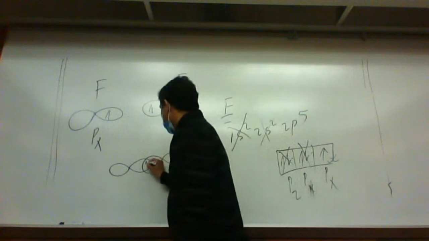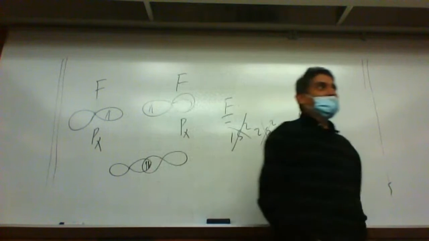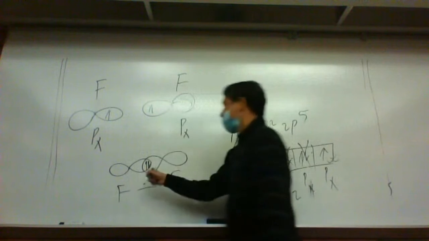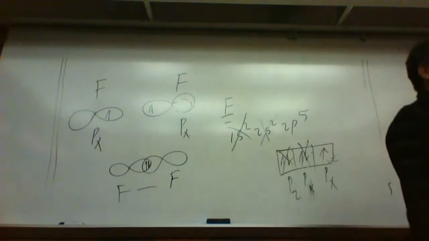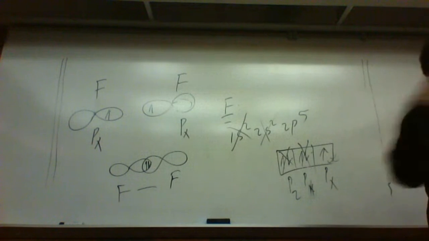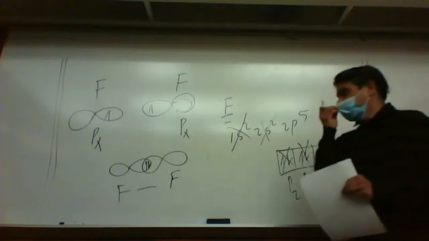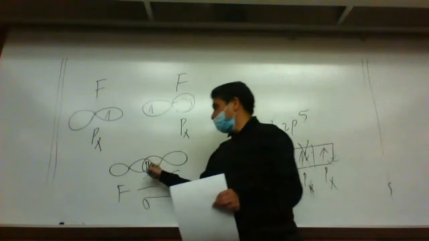Two electrons here. This is one fluorine atom, this is another fluorine atom. They form the bond there. Make sense? This is coming from the head-on-head collision or overlap, and this is called the sigma bond. This is also a sigma bond.